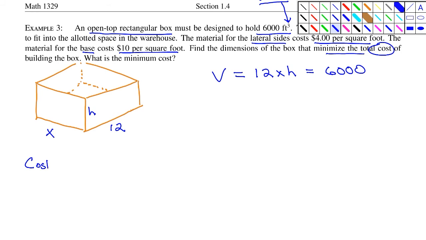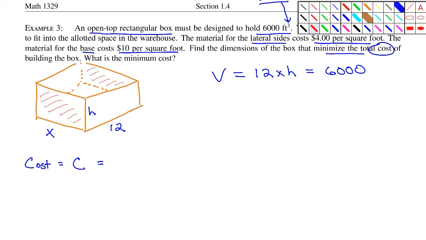Next, we need the cost function. So C is equal to, and now I'm just going to add up the cost of all the sides of the material for the box. So the first one we have here is the lateral sides. The lateral sides are the ones that rise up. So let me mark this lateral side here, and there are 2 of these type right back here.